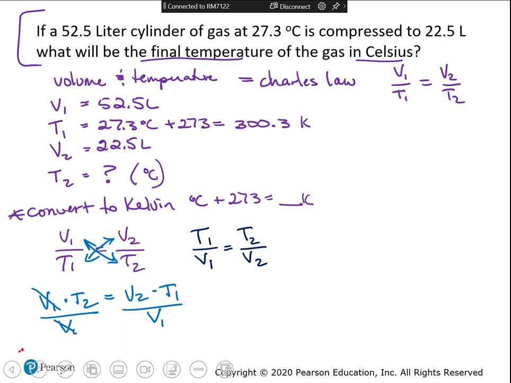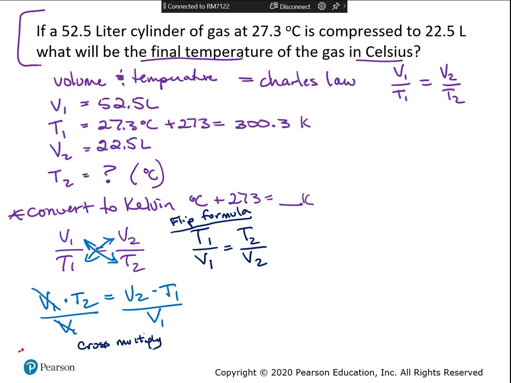So in this one you just flip the formula. One way to get T2 alone is by cross multiplying, and you can do either way. You don't have to do them both. You just do one.